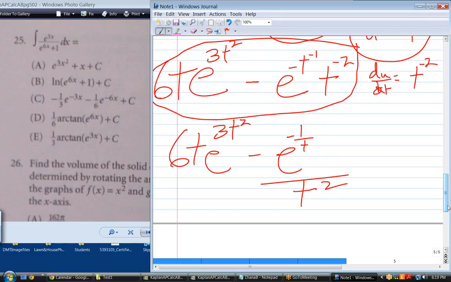Notice that sometimes, let's just look at this again. What I have circled here is the same thing as what I have down here. But let's say the second part of the question was find the second derivative of it. Well, it's easier to leave it like that to find the second derivative of it. I only have to use product rule.